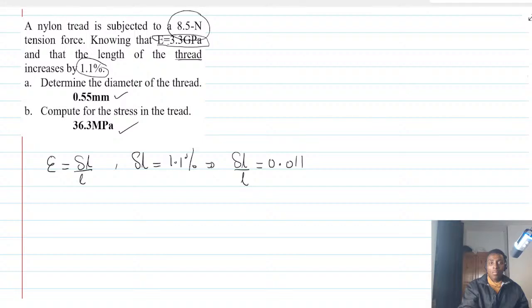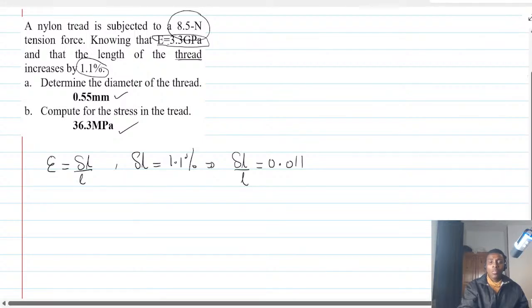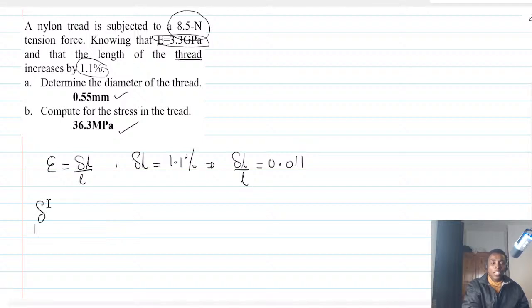So this is what we know. The change in length, delta, is force times length over area times the Young's modulus, right?